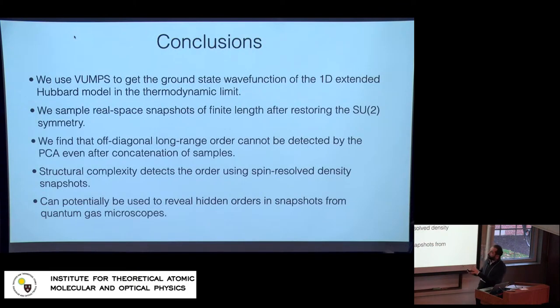So I'll just put this up, but I feel like this last point about potentially finding hidden things in snapshots kind of relates to what perhaps Martin told us about the attractive Hubbard model and superfluid phase, which would be off diagonal, but might have some signatures in these density diagonal snapshots.